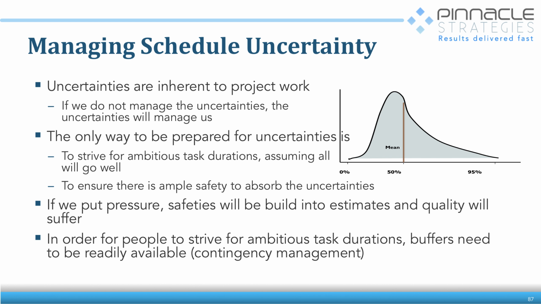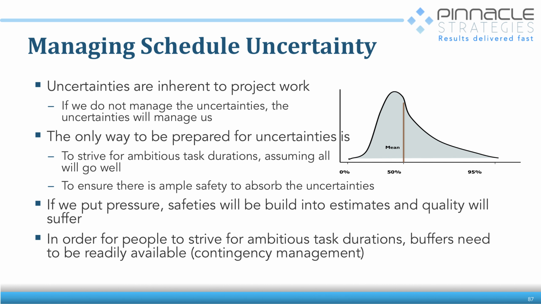Now, in brief, you have to understand that uncertainties are inherent to our project work, right? If we don't manage that uncertainty, then the uncertainty will manage us. We'll be always reacting. So the only way to be prepared is to explicitly state what the uncertainty is.